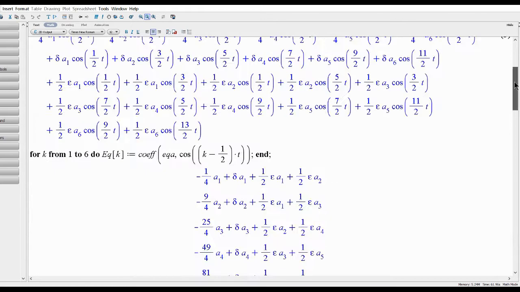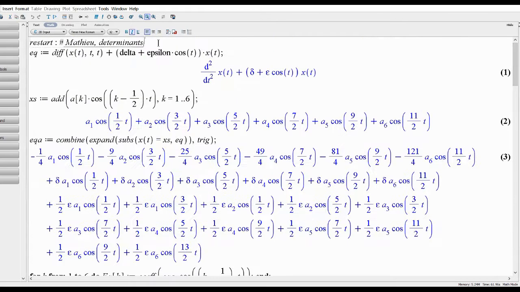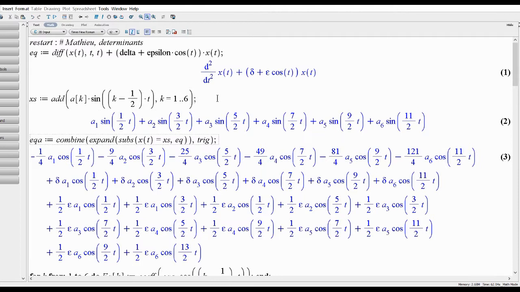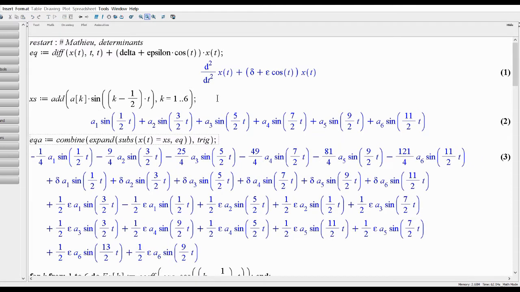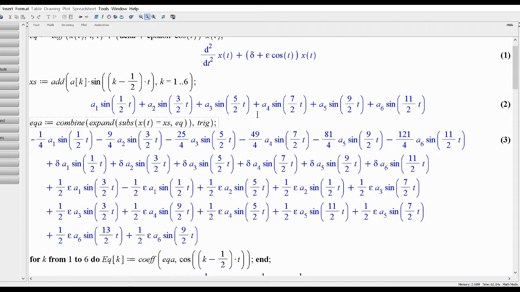Okay, all right, let's come here and look at the one with the sines which are half integers. Okay, now they're all sines. They're all sines. Where are we now? This.